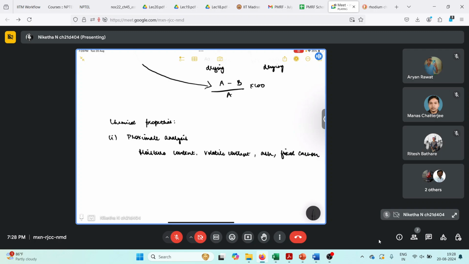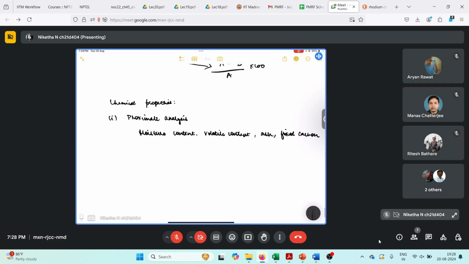Moisture content we have already seen. Then volatile content, how to determine volatile content? For this, we have to heat the sample at 950 degrees Celsius for 7 minutes in the absence of oxygen.